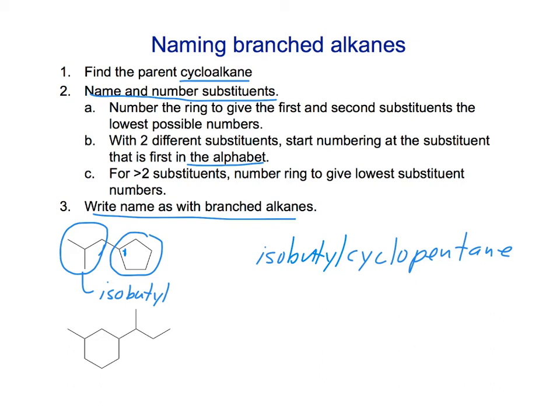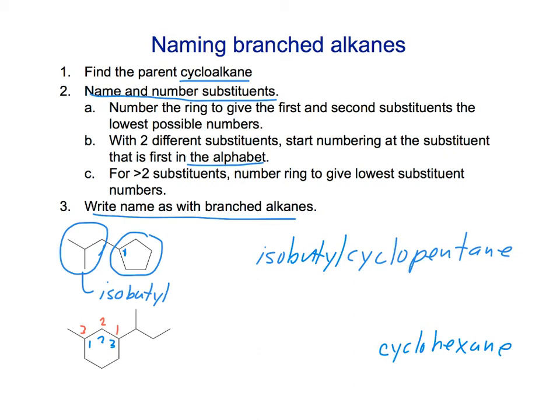In the second example, we have a 6-membered ring, so it's going to be cyclohexane. But we have 2 different substituents, and we could number it 1, 2, 3 going this way, or we could number it 1, 2, 3 going this way, and so we're going to number it in the direction that gives the group that comes first in the alphabet the lower number.